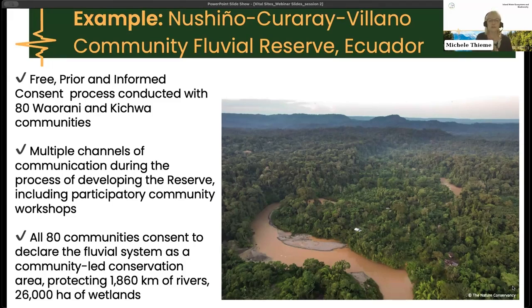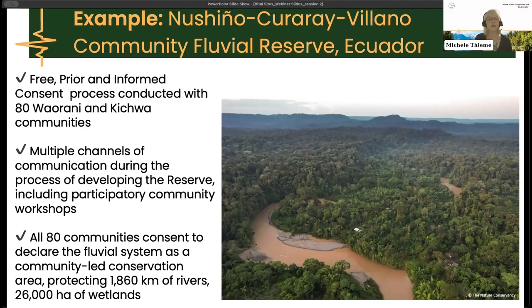There were multiple channels of communication during the process that were set up that took place over a year. And this was including simultaneous translation in native languages, lots of community meetings, workshops, ensuring that the right folks were at the table at the right time to make the decisions and to have their voices fully heard.